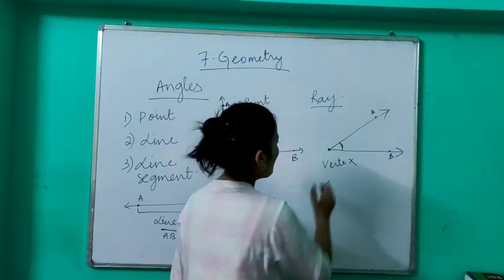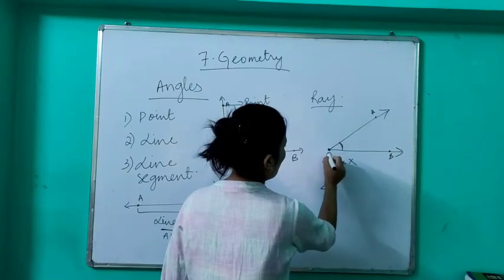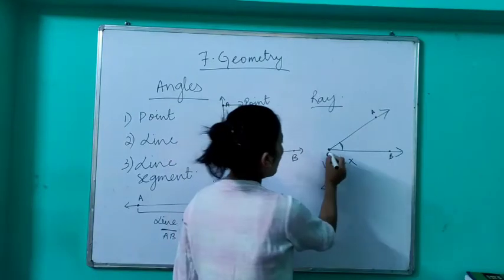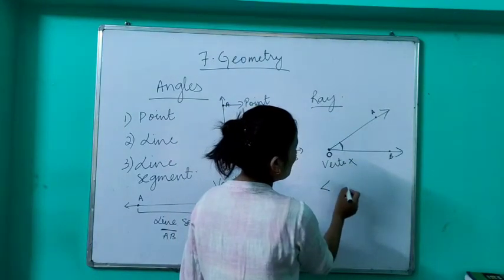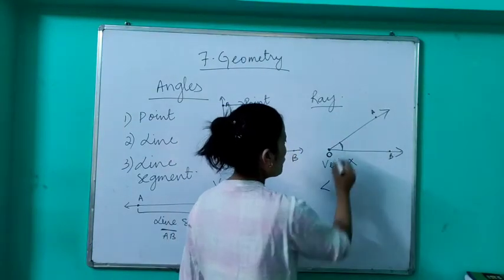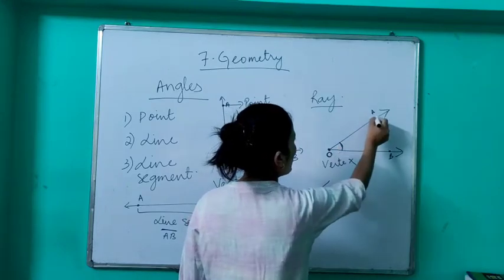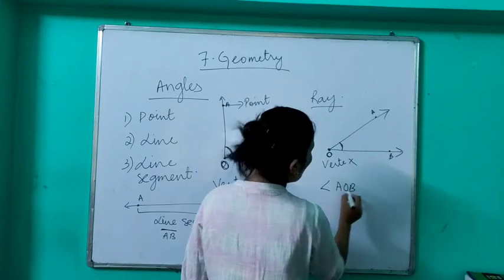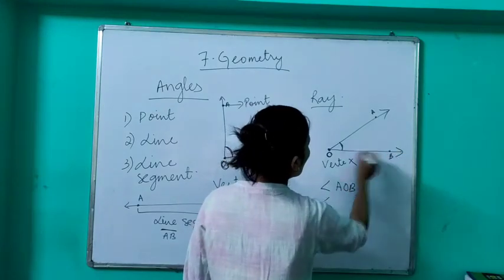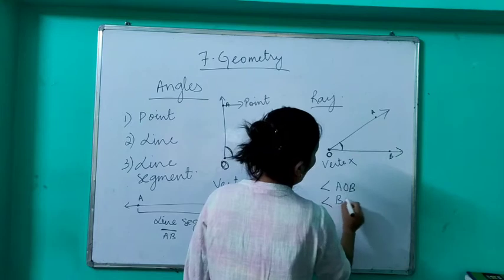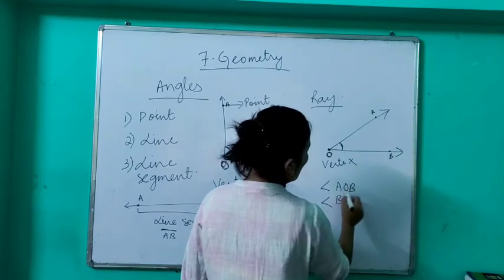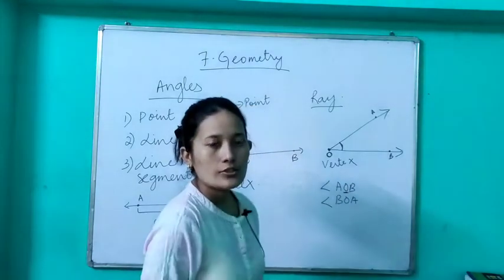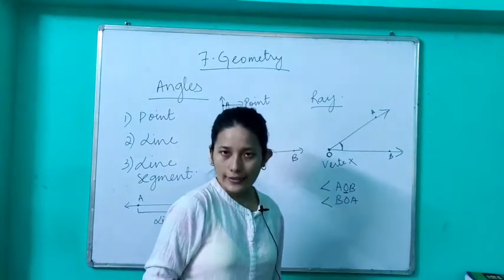And this vertex is point O. So always keep in mind that your O will always be placed in between the 2 points. So if you want to name this angle, it would be angle AOB, or you can also write it as angle BOA. You see here that the vertex, the common point, is always placed in between the other 2 points. So this is how you name an angle.